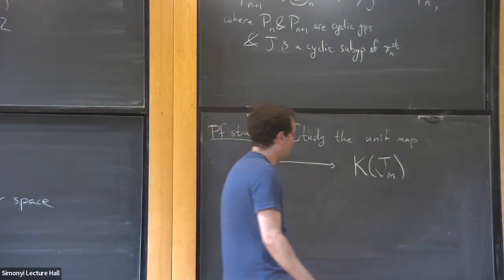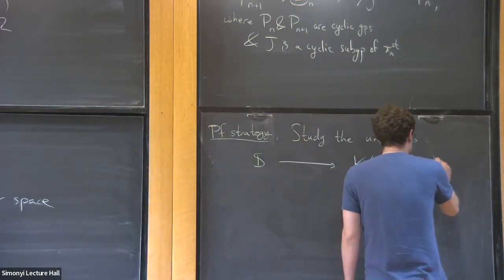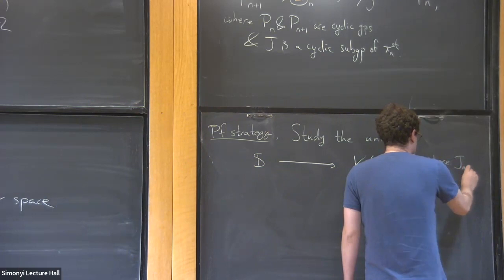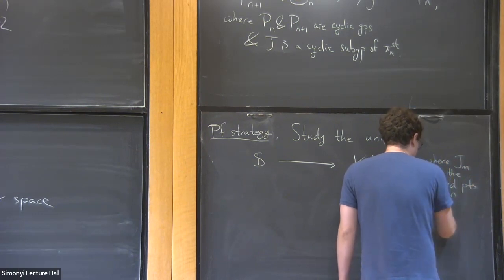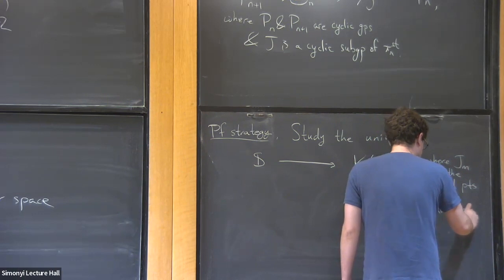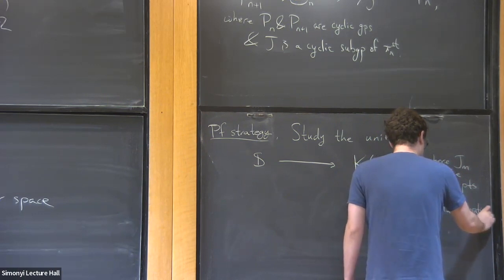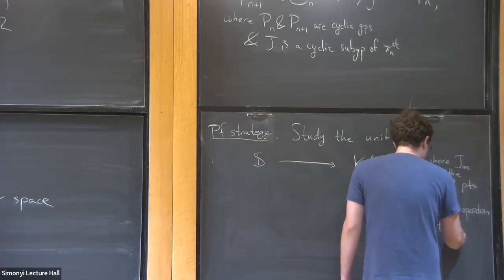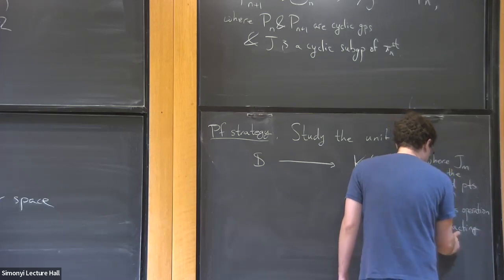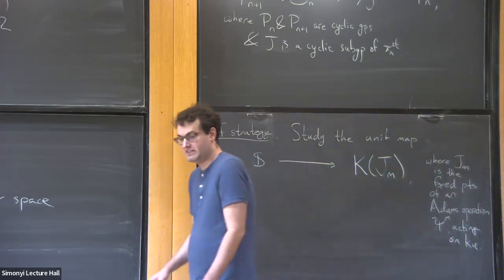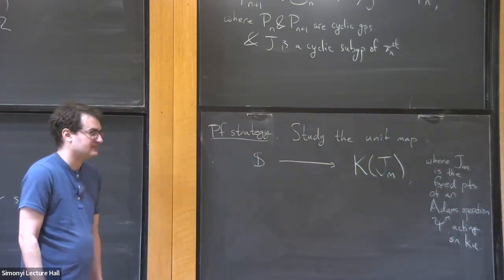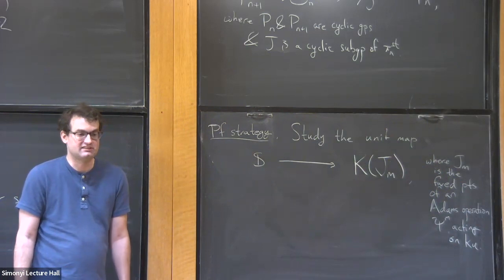And here Jm is the fixed points of Adams operations acting on K theory. So this is some object in homotopy theory, some ring spectrum. It's actually something we've already encountered in Jared's talk.